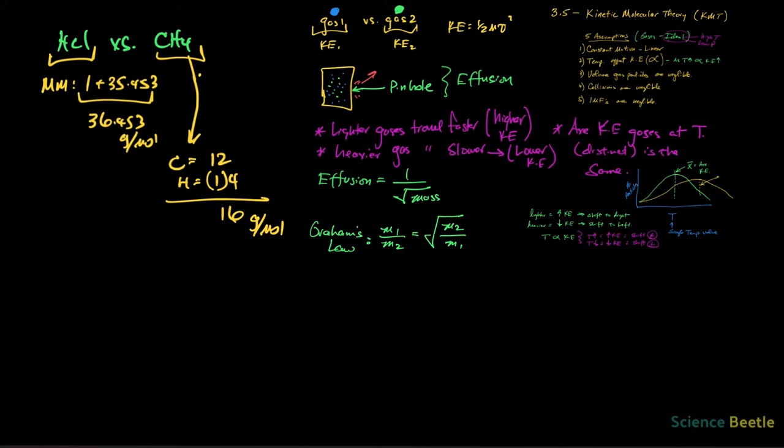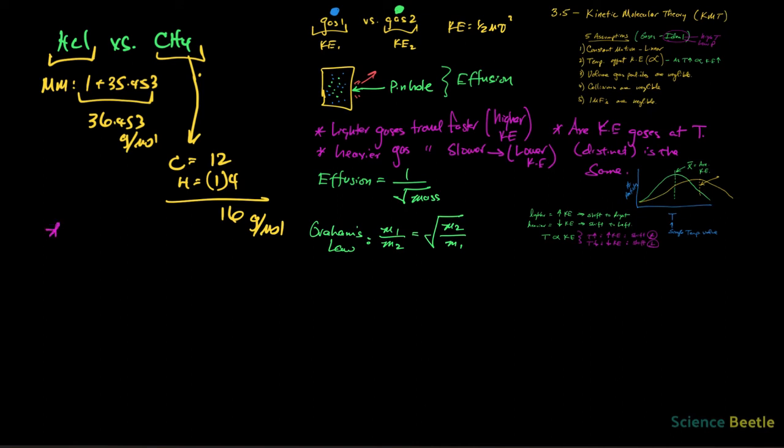So since we see that the HCl has a higher mass than the CH4, 16 grams per mole being the molar mass there, we would say that since CH4 is lighter, it would actually effuse faster than the HCl. So that would be a conclusion that we can reach here.